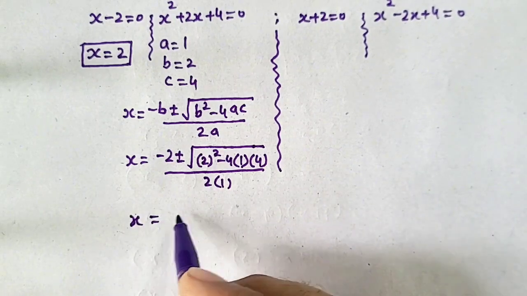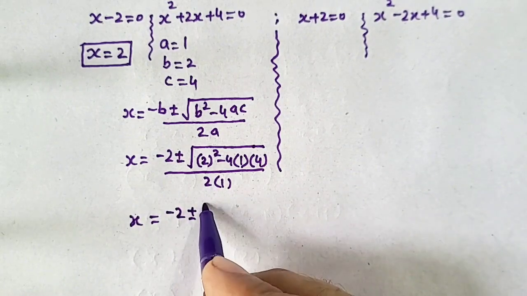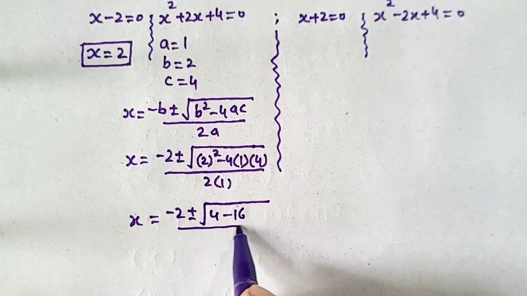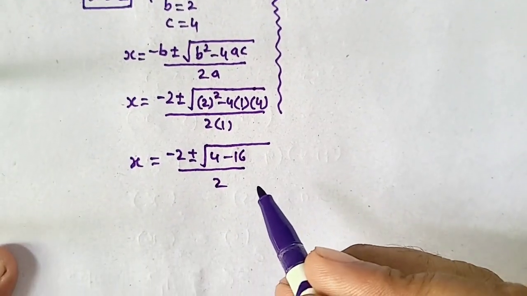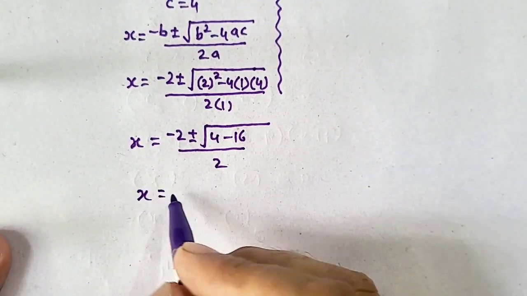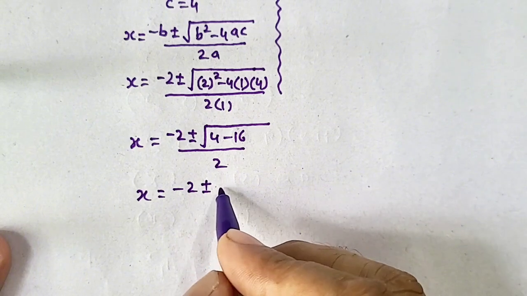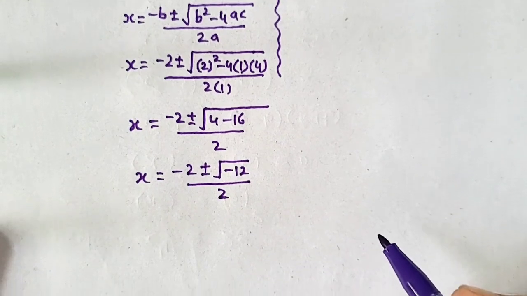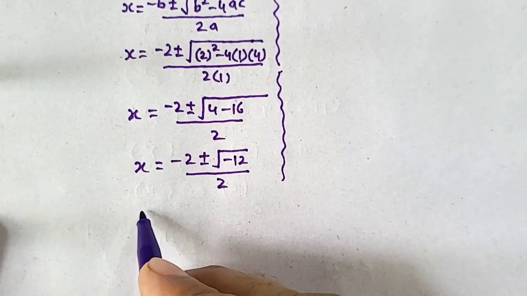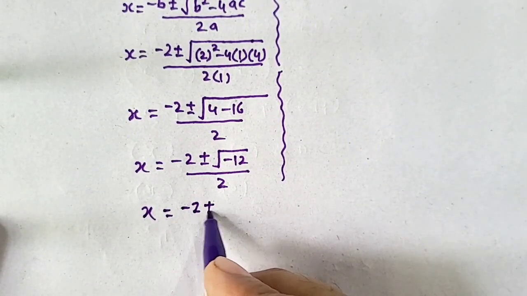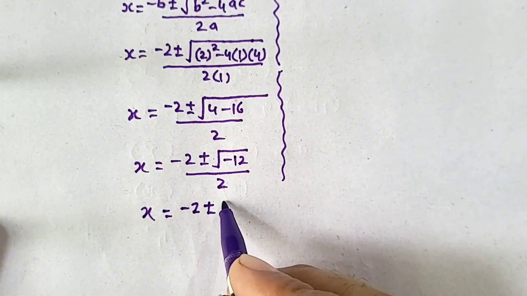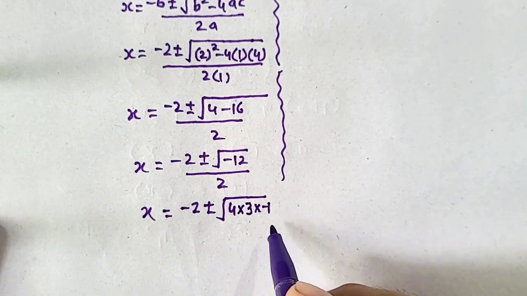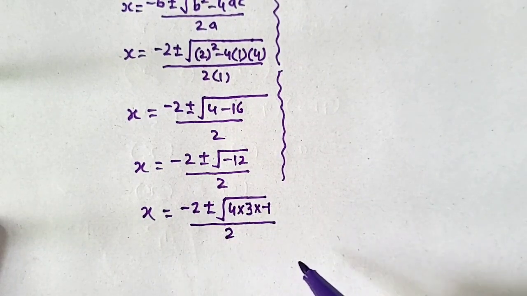So x will be equal to minus 2 plus minus square root of 4 minus 16, divided by 2. So x will be equal to minus 2 plus minus square root of minus 12, divided by 2. By making factors, we will get 4 times 3 times minus 1, divided by 2.